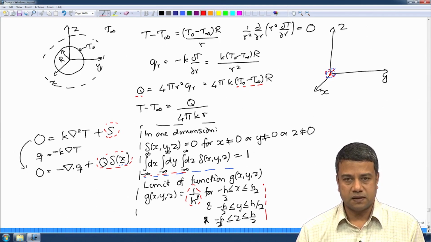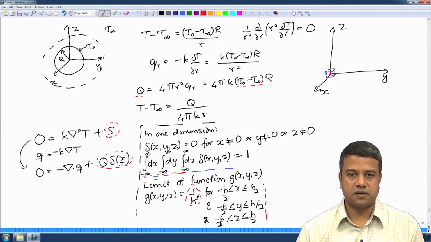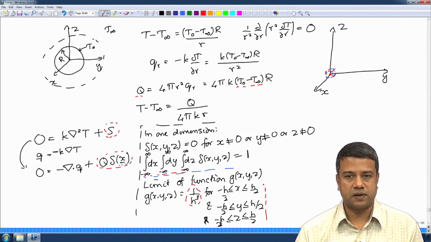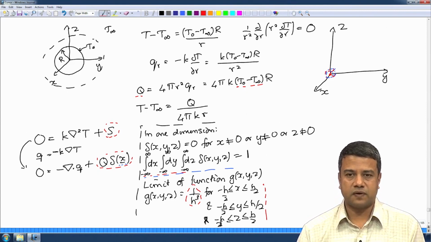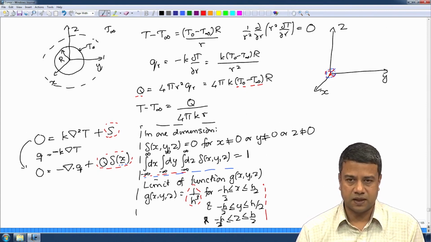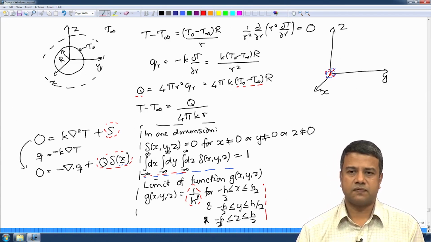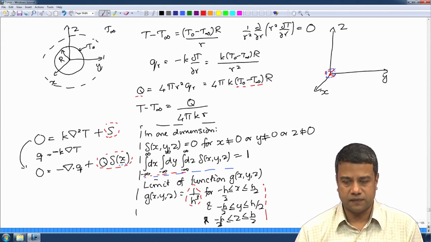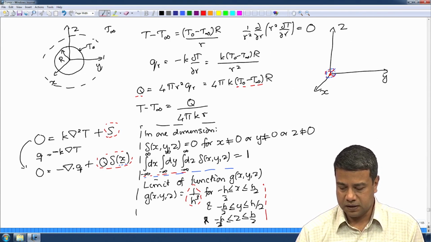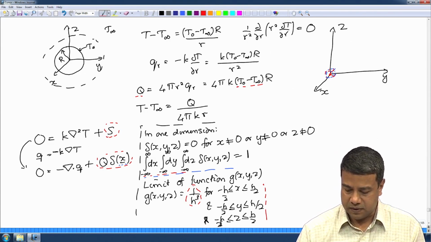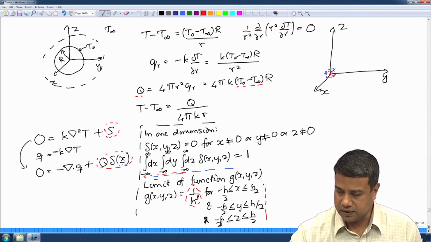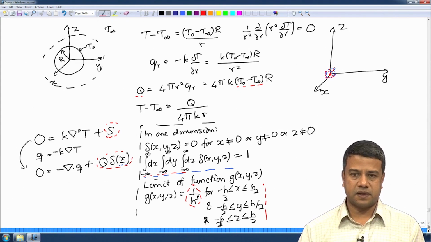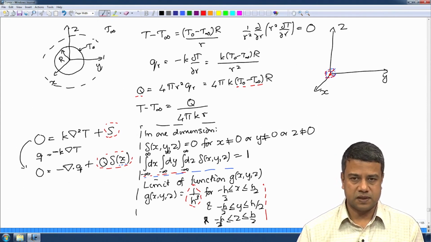The integral of that function over the volume is some finite number. In this case, the delta function is defined so that it is normalized to 1. And I tried to give you some physical understanding of the functions which can be idealized to a delta function. In 3 dimensions, it is a function which is equal to 1 over h cubed only in a cubic differential volume. It is 0 everywhere else, and the integral of that over volume is equal to 1.